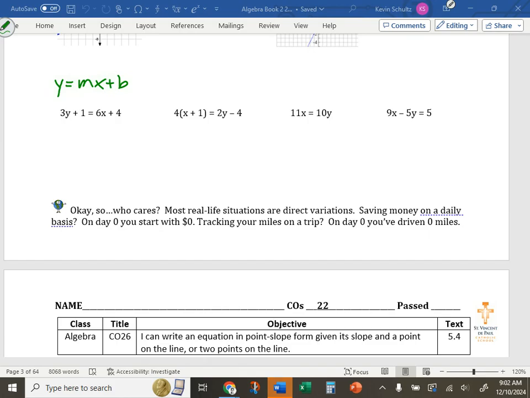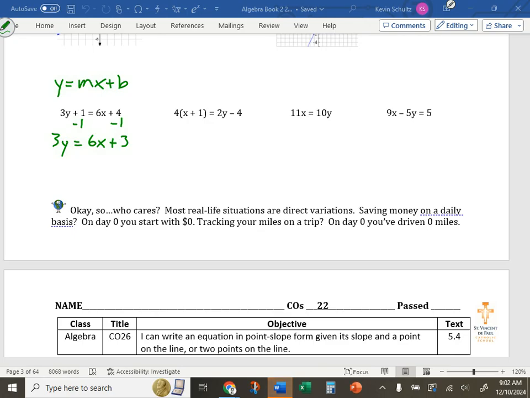No. What do we have to move? The positive 1, right? So we're going to subtract 1 from both sides. In this case, we can combine it with the 4, because they're both constants. So now we get 3y equals 6x plus 3, because positive 4 minus 1 is a positive 3.